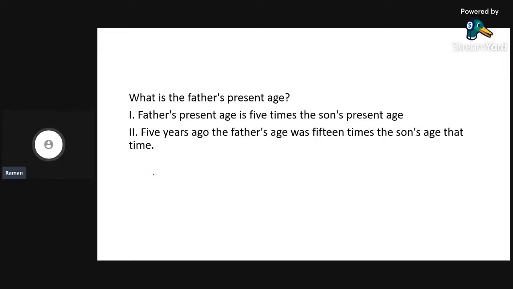Statement one alone is sufficient. Fine, say statement one. Statement one is that the father is five times the son. With this I cannot say, you don't have a numerical value. Statement two is 5 years ago, the father's age will be F minus 5, and 5 years ago, the son's age will be S minus 5. This is equation 2. So by combining both, you can answer.